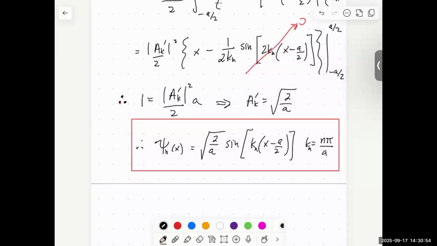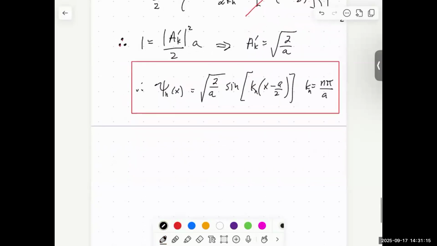Let's just think about the values that we should consider for n. We could put in n equals 0. But when we put in n equals 0, k equals 0, and the sine of 0 is 0. So again, the wave function just vanishes. There is no wave function for n equals 0.